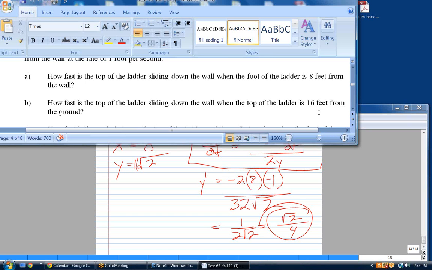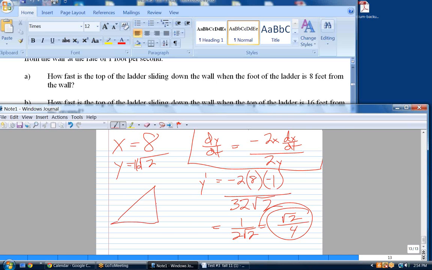It's exactly the same, only x and y are different. y is 16. x is the square root of 512 minus 256. So x is the square root of 256, which is 16. In other words, when y is 16, x is 16.